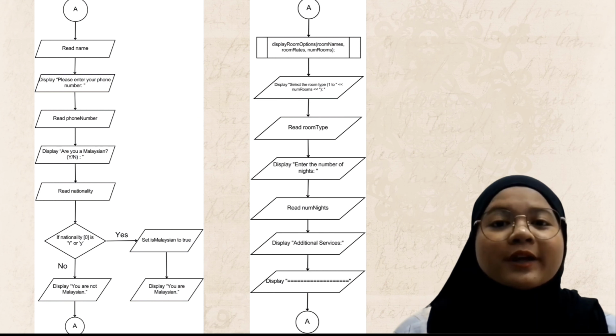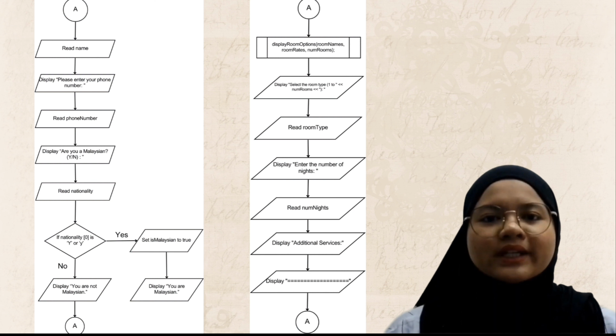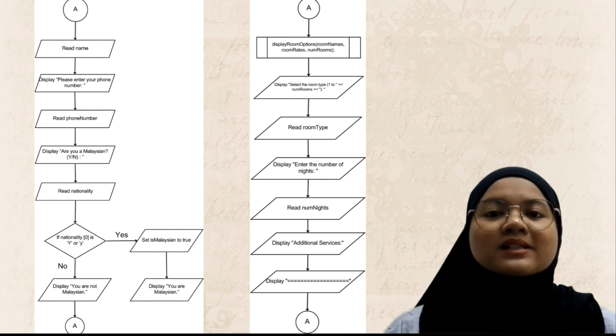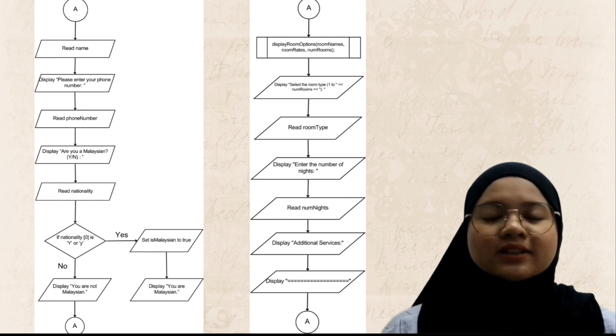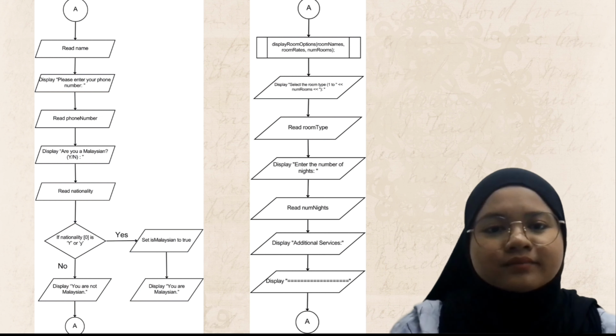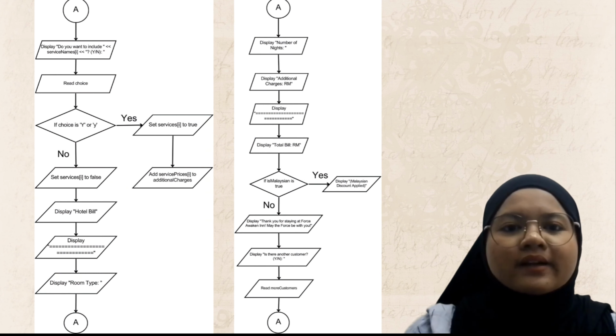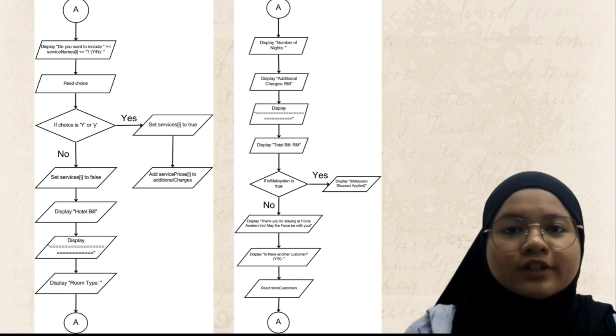Next, the program will display enter the number of nights, and then read the nights based on the user's answer. Next, the program will display additional services, ask whether the user wants to include any service, and then read the choice based on the user's answer.